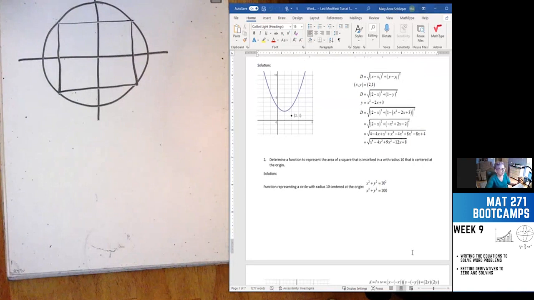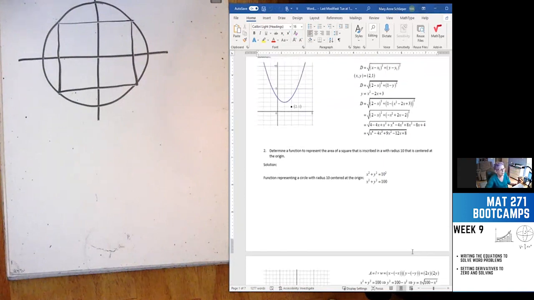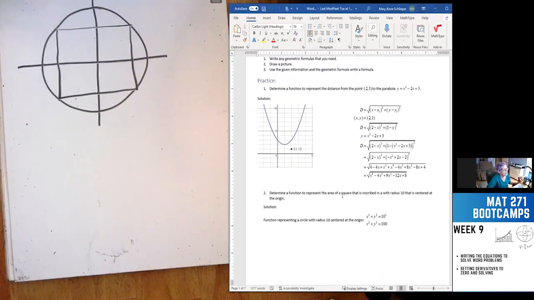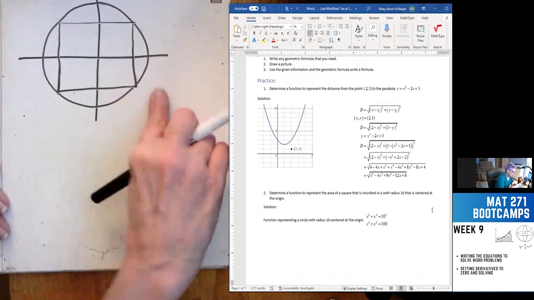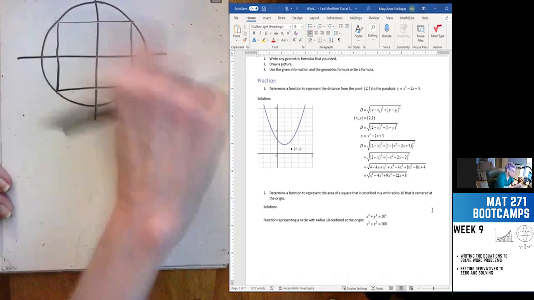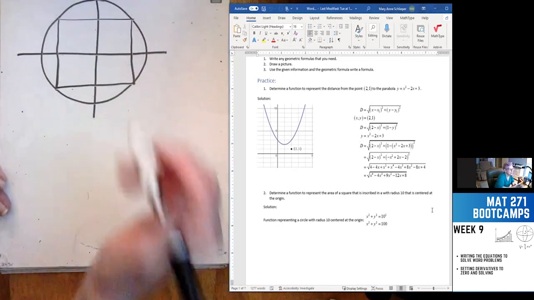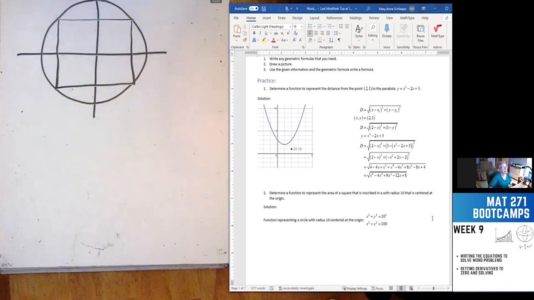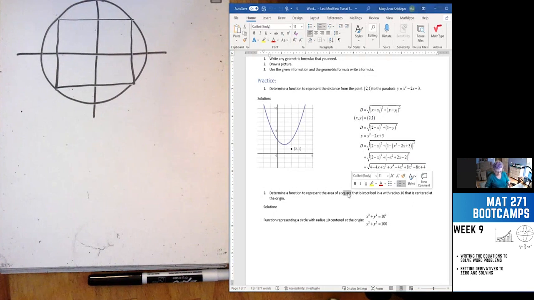And let's see. Yeah, that should be a rectangle. We want the area of a rectangle because there's only one square that we can inscribe in there. There's lots of rectangles. So let's determine a function to represent the area of a rectangle in a circle with radius 10 centered at the origin.